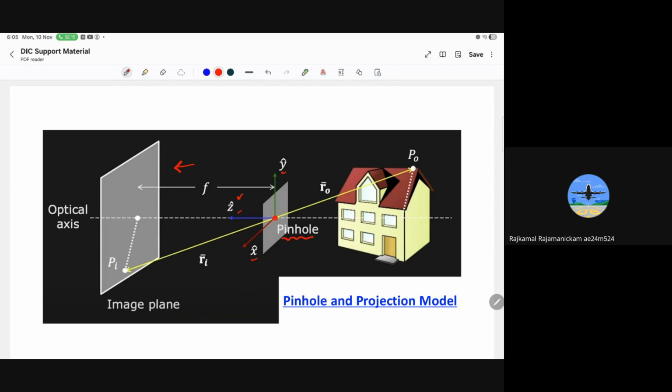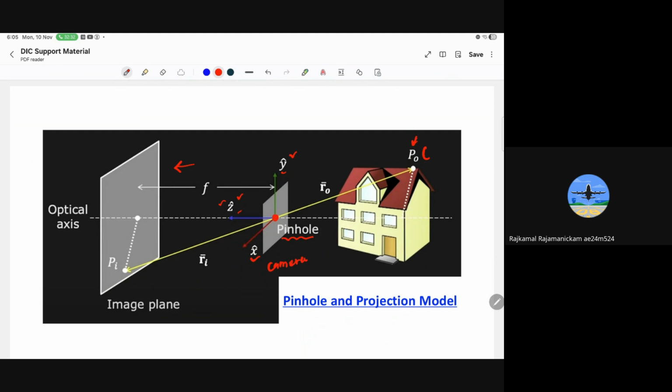This particular point P0 is going to have coordinates in the camera coordinate system, the X, Y, and Z, which is the coordinate system for the camera.